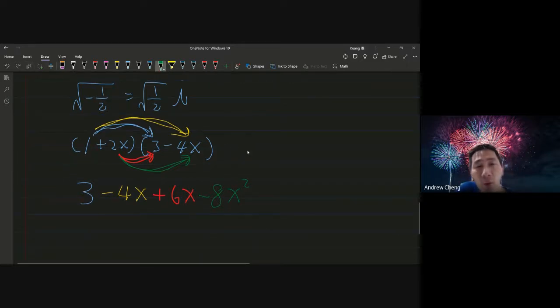When we do the operation for i, it is exactly the same. If I change x into i, it will be exactly the same thing.